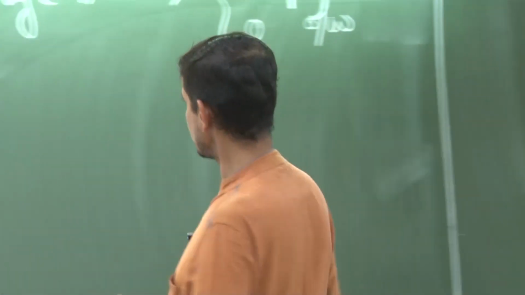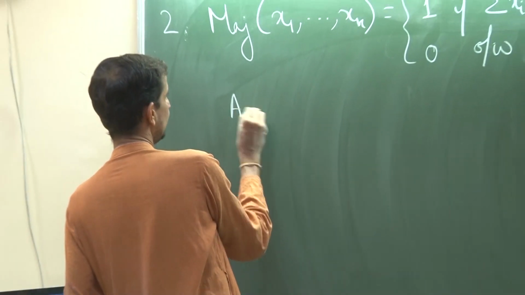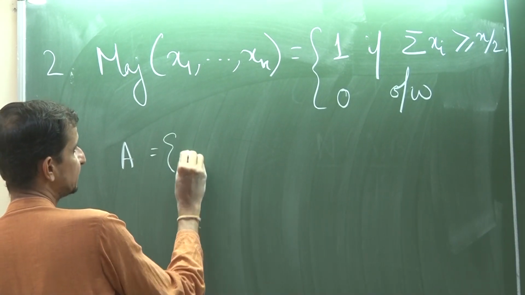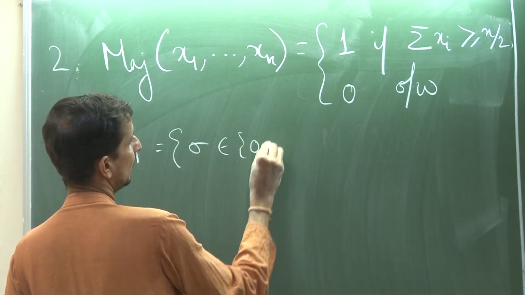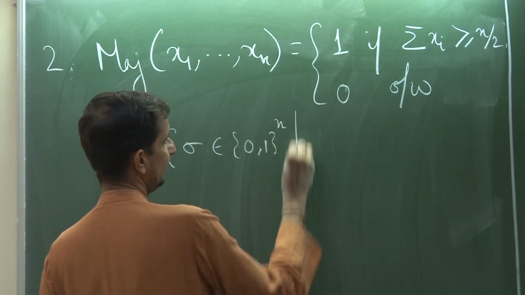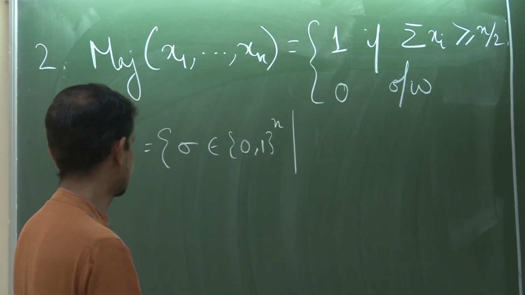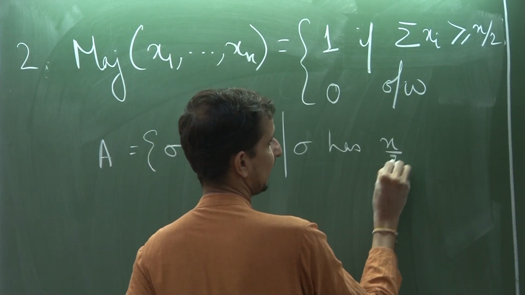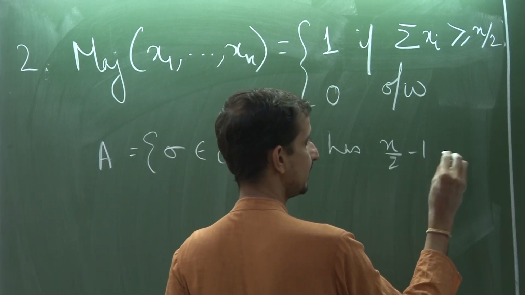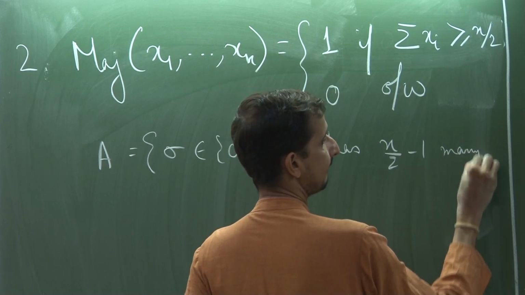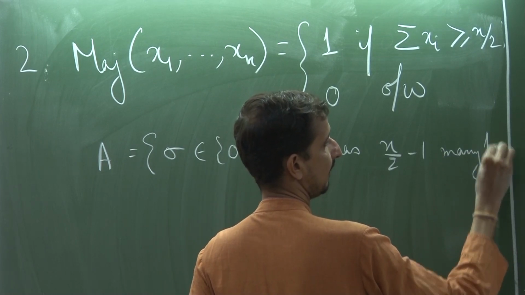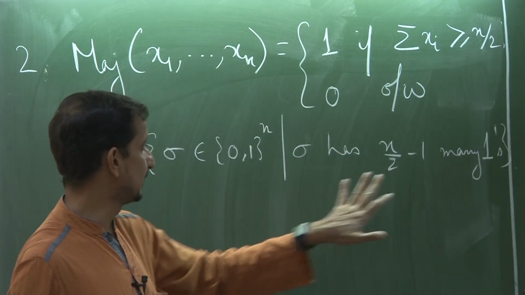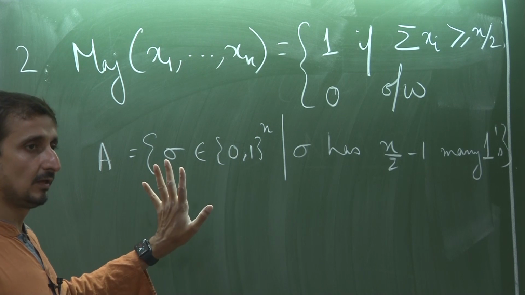So, we will pick A to be all strings sigma in {0,1} to the power n such that sigma has n by 2 minus 1 many ones. If it has n by 2 minus 1 many ones, clearly it is mapped to 0.